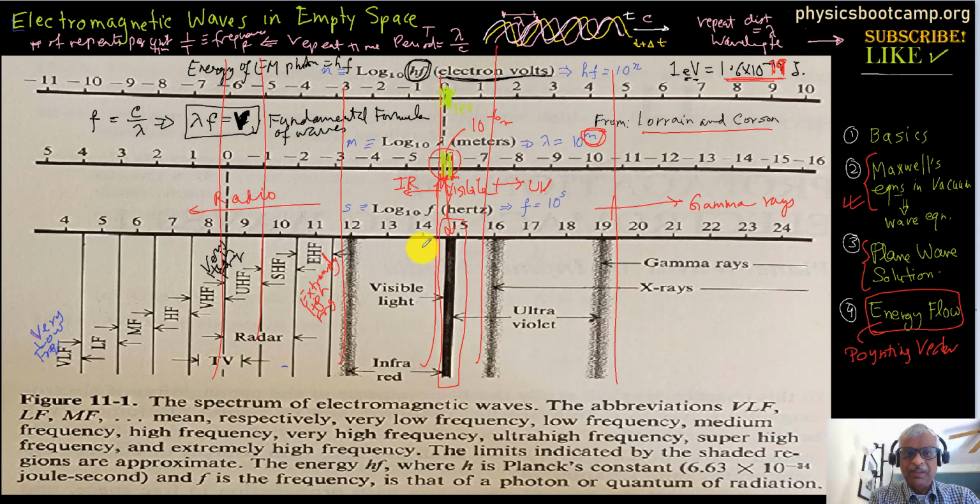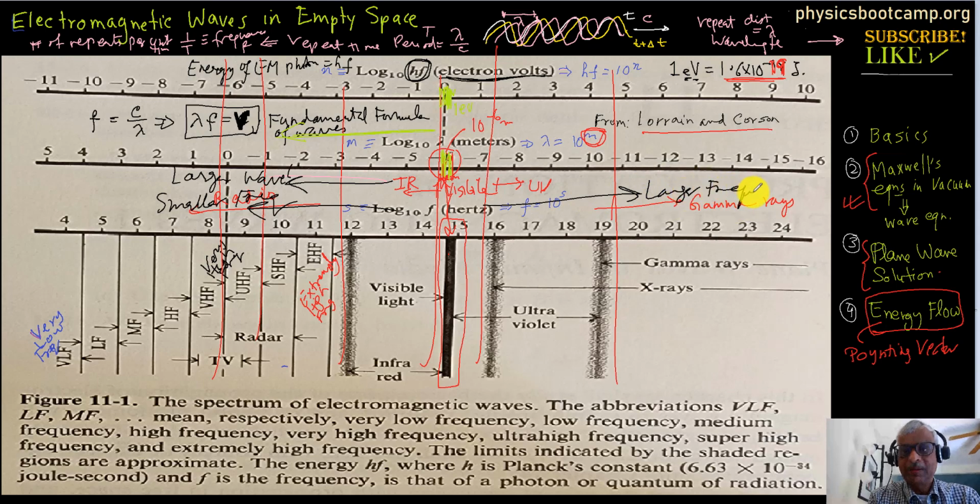This side is where wavelength gets bigger, so this side is larger wavelength and smaller frequency, and this side is larger frequencies and smaller wavelengths.